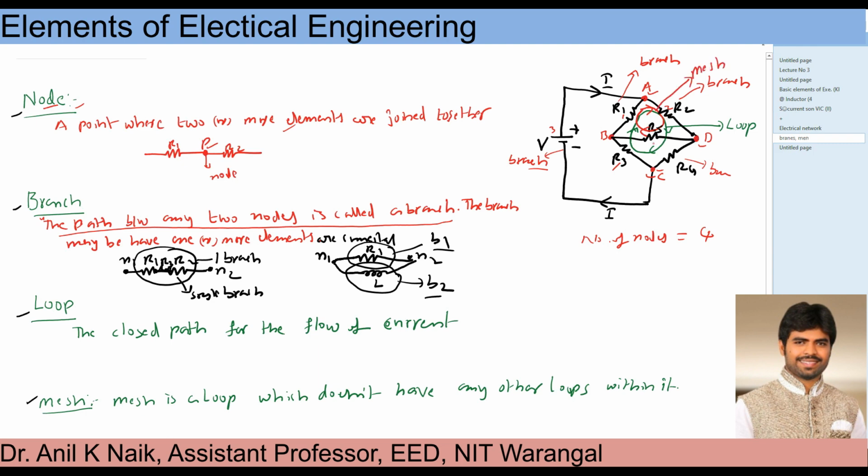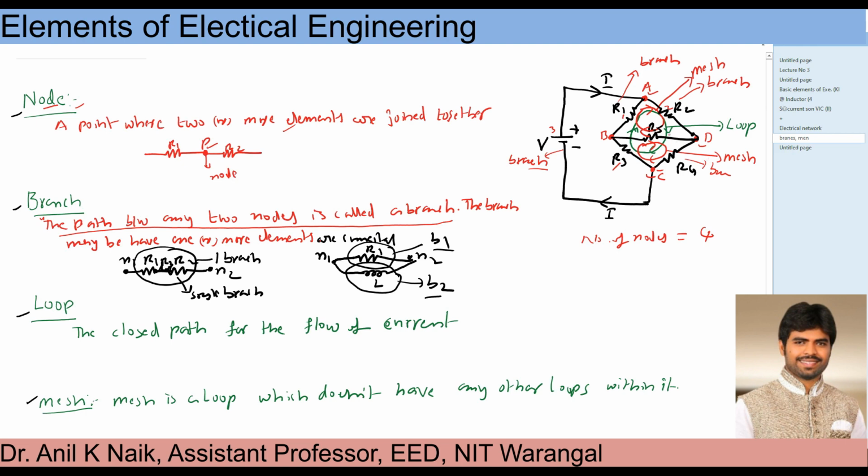This loop can be taken as a mesh. This loop also can be considered as a mesh, because in this loop there are no other loops within it. In this particular circuit there are no other loops, and in this particular circuit also there are no other loops. So these loops are called meshes.